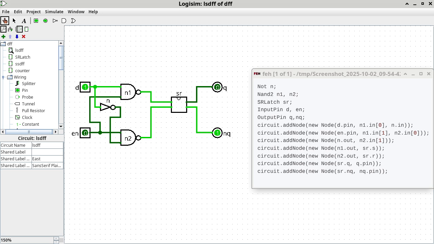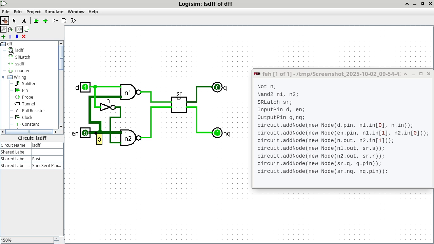If you're in the poking tool mode, you can click on a wire, a node, and it will highlight the entire node, not just the wire itself. So that really helps to highlight where EN is connected to. We can now see clearly that it connects to the second input of N1 and the first input of N2.